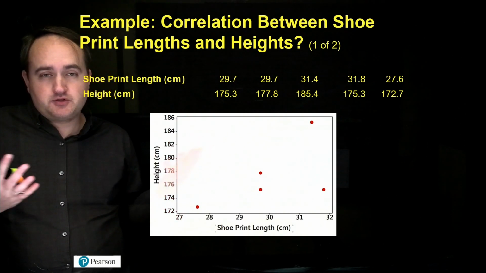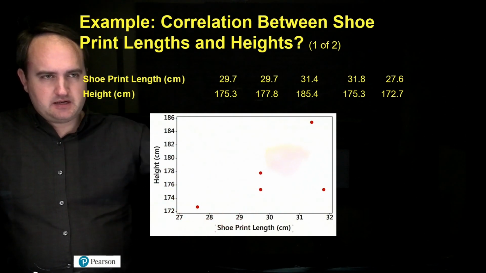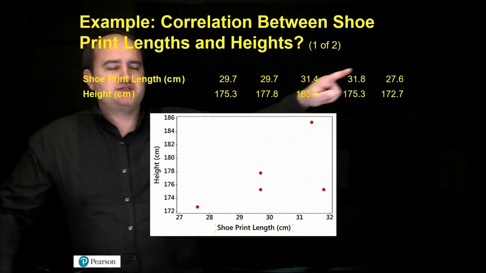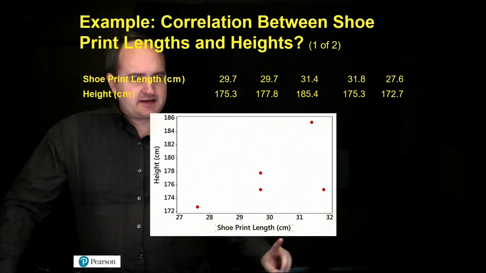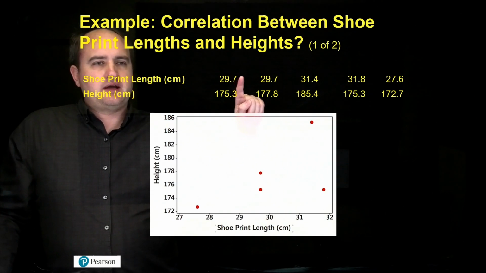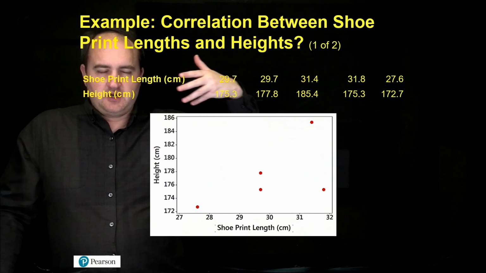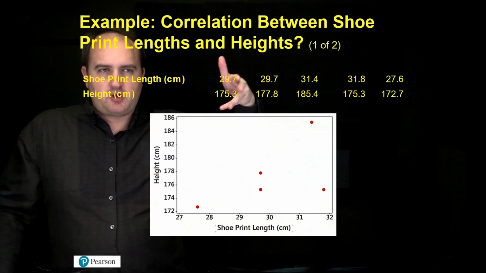So the way I usually do these, if I'm trying to construct a scatter plot like this one here, is when I have these data values, I look for the x-axis. Here the x-axis is the shoe print length.